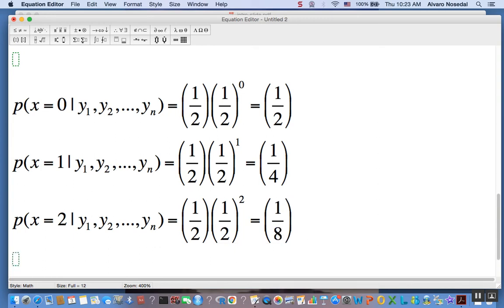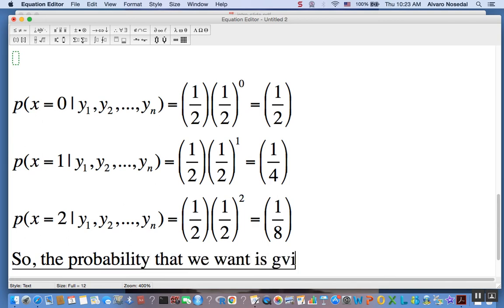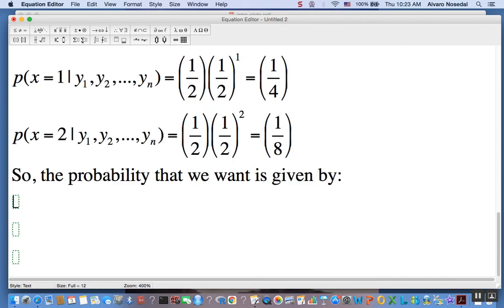So the probability that we want is given by 1/2 plus 1/4 plus 1/8, right?